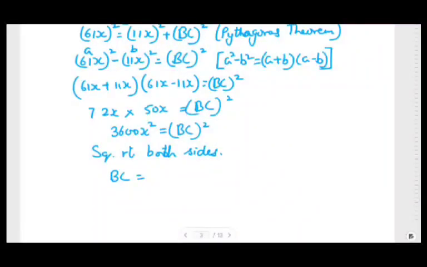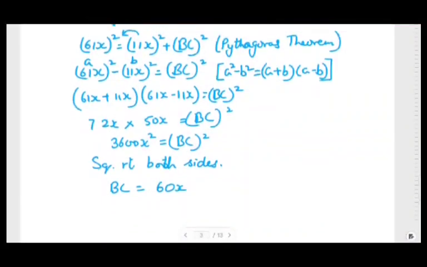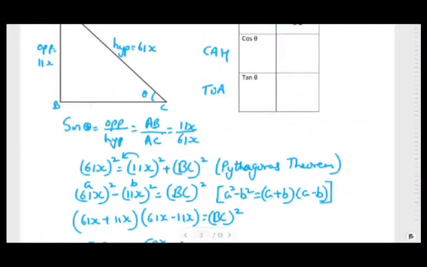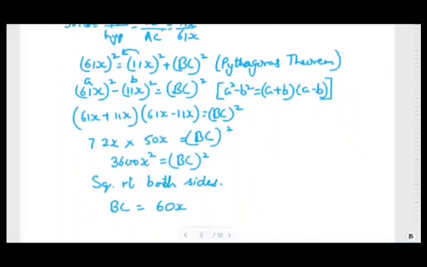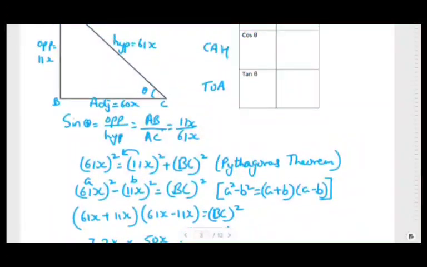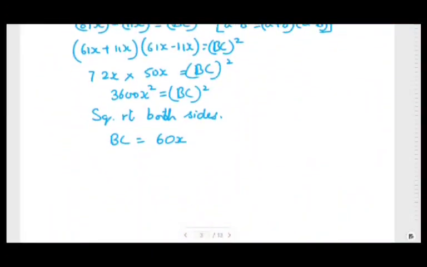What is the square root of 36? It is 6, and 2 zeros become 1 0, and this is going to become x. So what's my value for BC, children? 60x. That's my adjacent, and which is 60x. Correct? So now, simple. Now I need to find cos and tan.